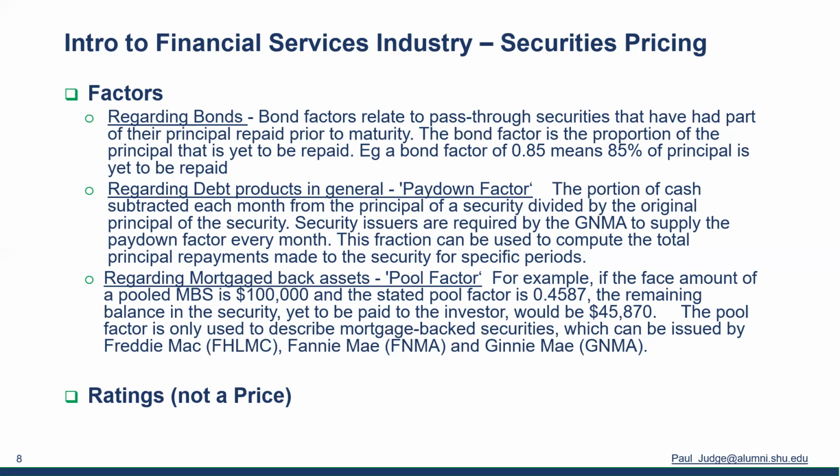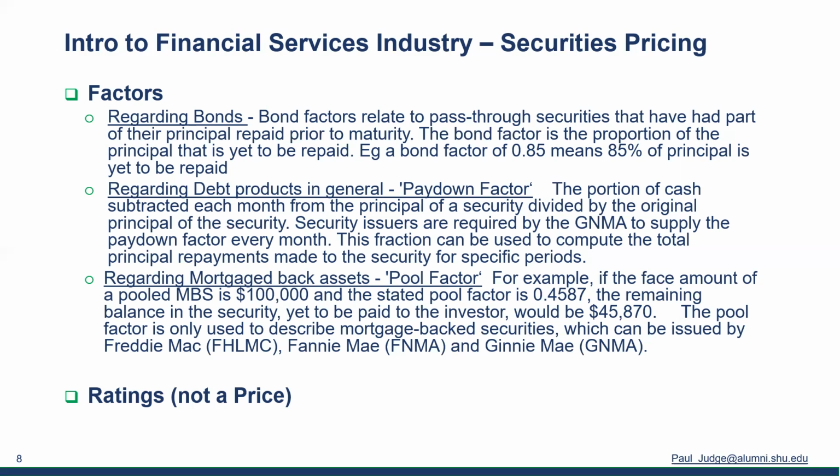So you had a mortgage-backed security, it had a value of $100,000, and it's been paying out to the holders for several years, but now there's only about $45,000 of value left in that bond. So this is important for the data for the investor to know.